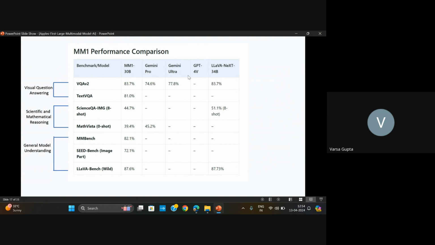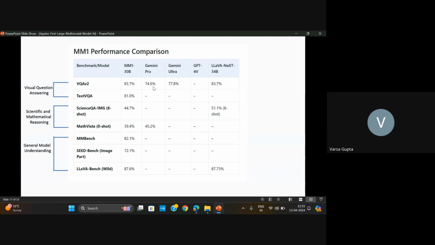MM1 scores in the VQA benchmark with a score of 83.7%, which is closely matching the performance of LLaVA-NeXT with 34 billion parameters, and also significantly surpasses both Gemini models, with 74.6 and 77.8 for Gemini Pro and Gemini Ultra. So this demonstrates MM1's robust visual question answering capabilities.